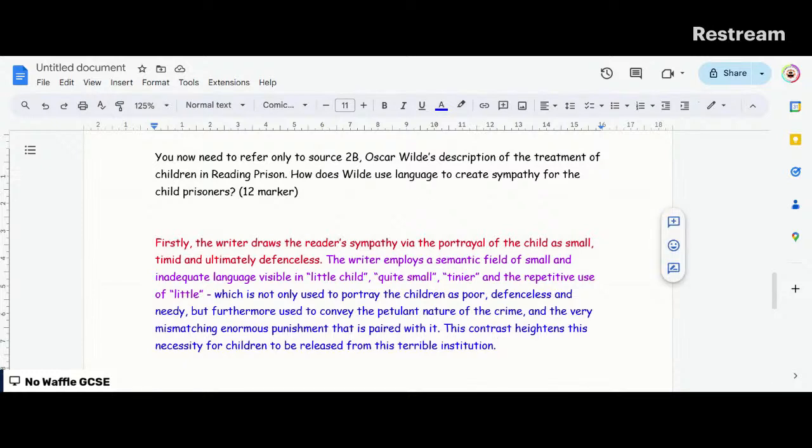Now, our next point that we can say to create sympathy for the child prisoners, the simile and the metaphor.